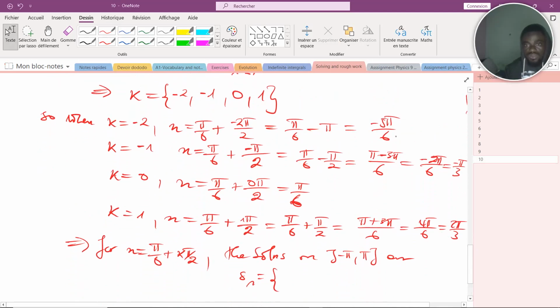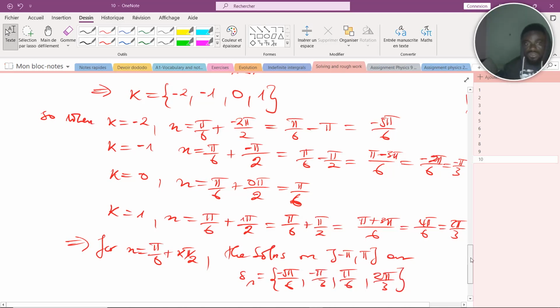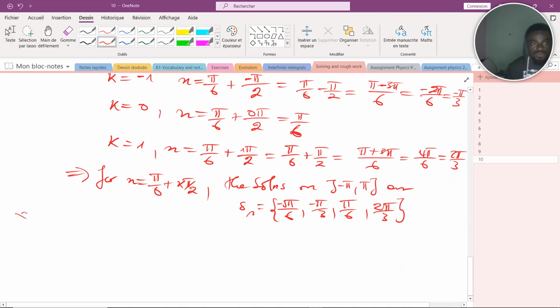The first one is minus 5 pi on 6. The next one is what? Minus pi on 3. The other one is pi on 6, and the last one is what? 2 pi on 3. Is that okay? Okay, very good.